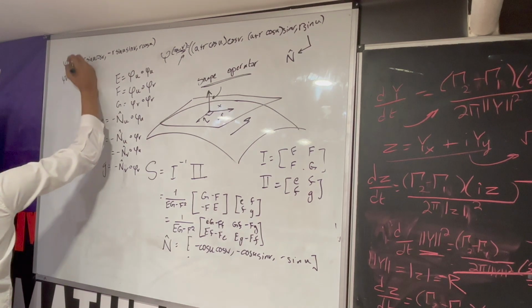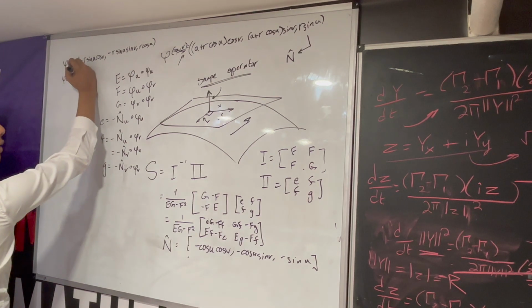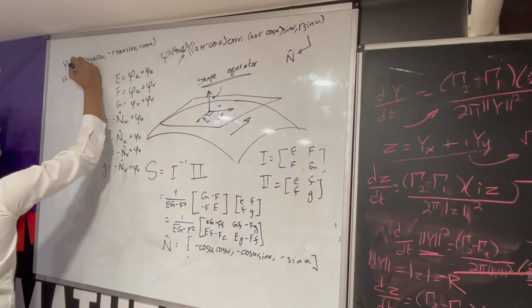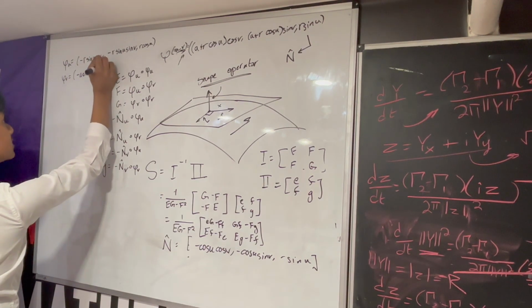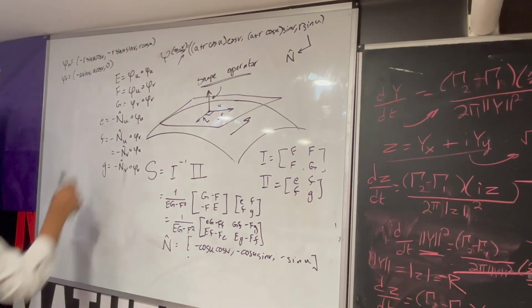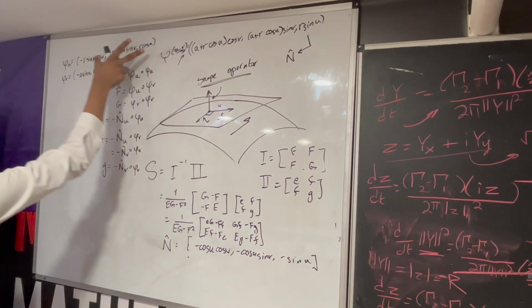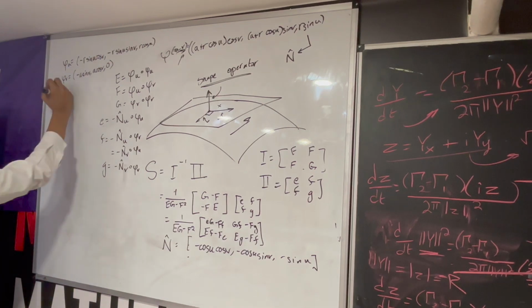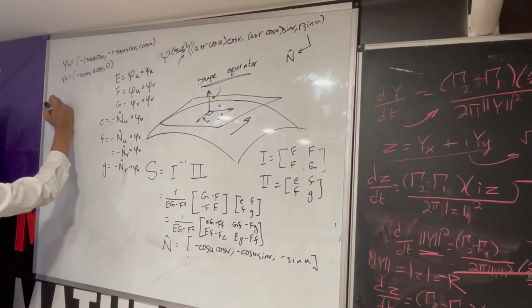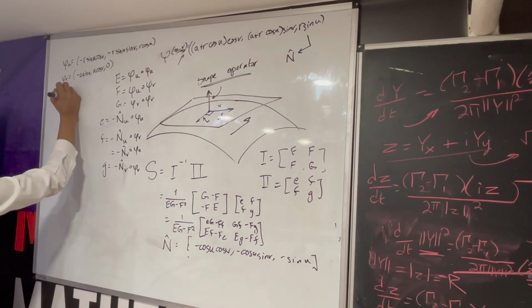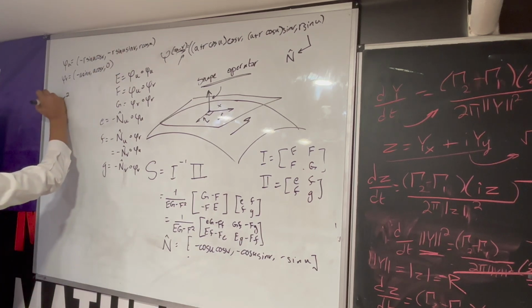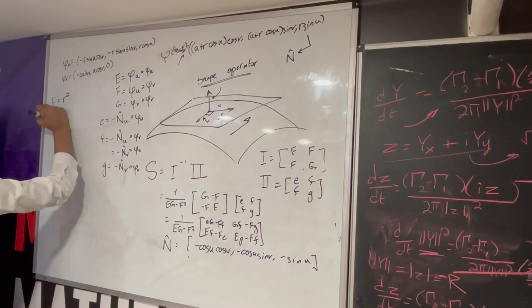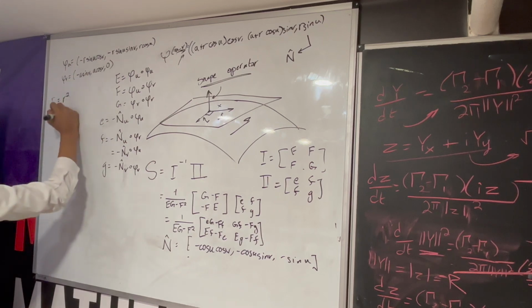And phi v is minus a sine v, a cos v, 0. Okay, so phi u dot phi u is just the magnitude of this vector squared, which happens to be r squared. We already discussed this. G, on the other hand, is just going to be the magnitude of phi v squared, which is a squared.